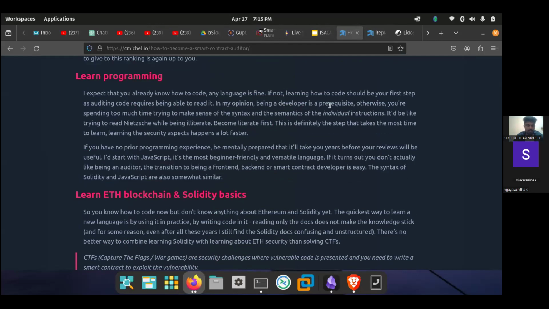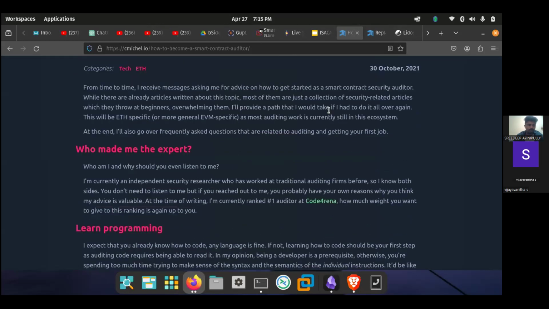You can refer to that. There are fewer people in the blockchain community compared to Web2 security, but there are good people here. You have to make a proper way to become one yourself.